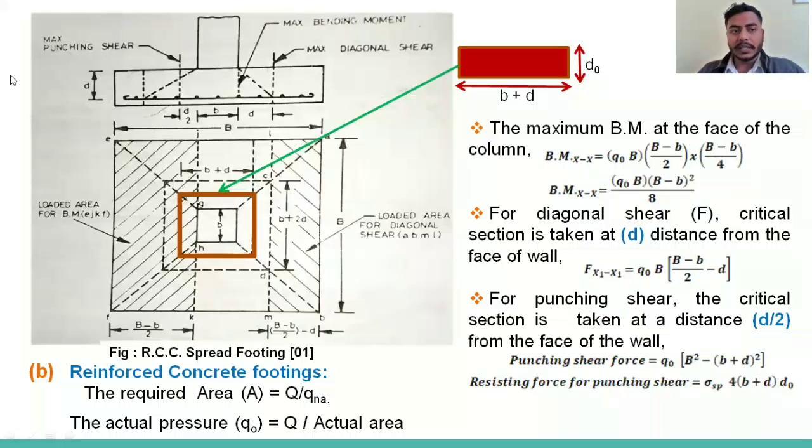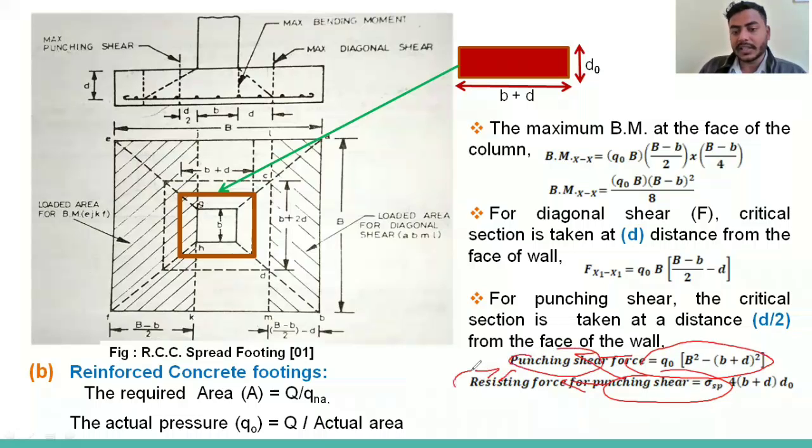So what is the meaning of this? What is the meaning of these two? This is the force that is causing the punching shear, and this is the force that is resisting. It should be greater than or equal to the punching shear force. That means the resisting force should be greater than the punching shear force.